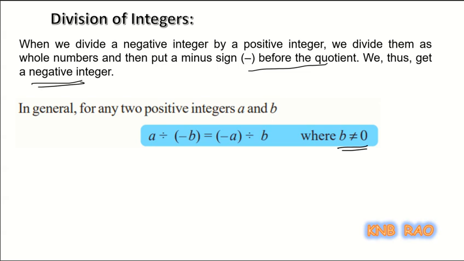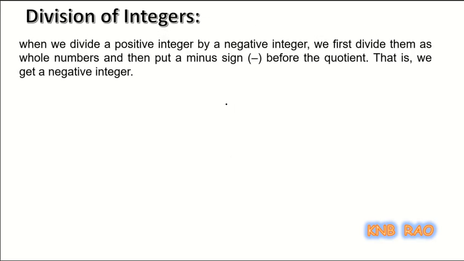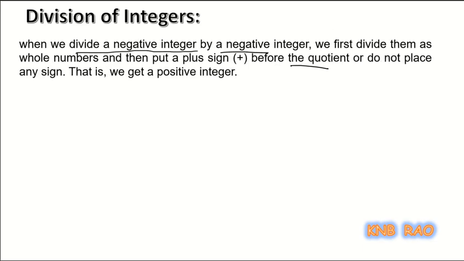Next, we have another simple important thing to be learned. When we divide a positive integer by a negative integer, we have already learnt this, and I need to sum it up here. And here when we divide a negative integer by a negative integer, we first divide them as whole numbers and then put the positive sign before the quotient, or do not place any sign at all.